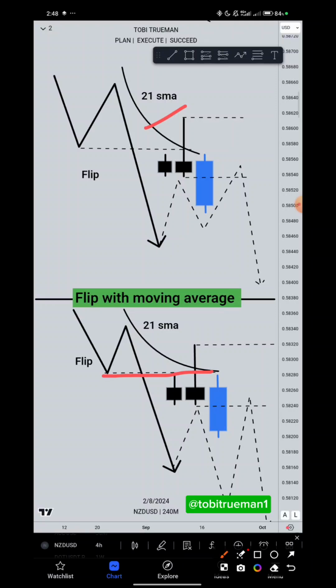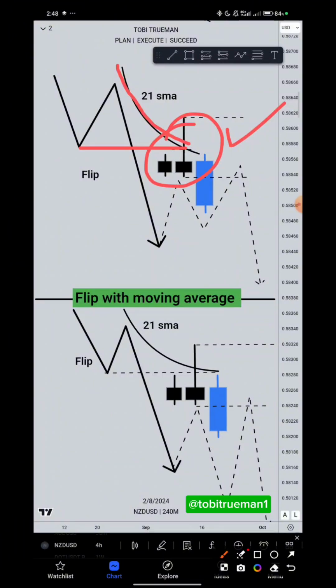But when this happens, that after the flip we have our signal, and at the same time there is a 21 moving average signal at the same point, this is going to give us close to 90% probability of this trade playing out. In trading you cannot be 100%, that's it.